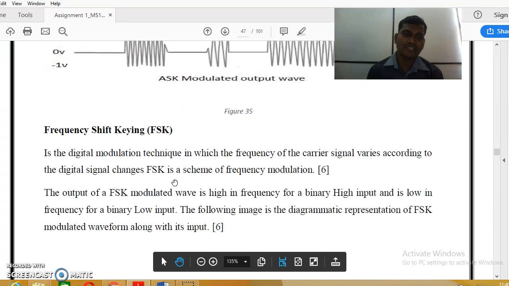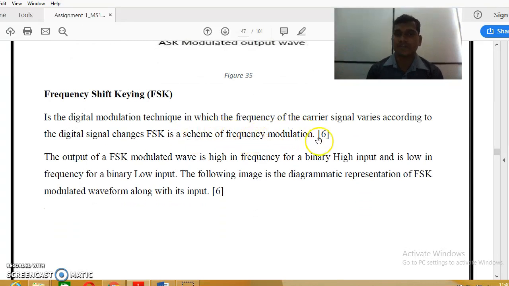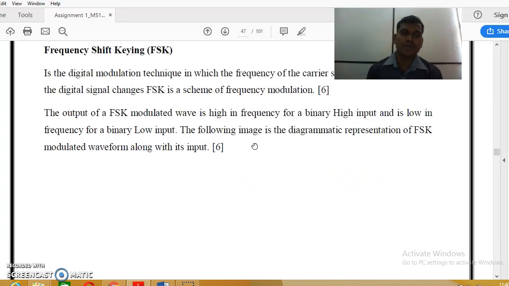Then frequency shift keying, FSK, is the digital modulation technique in which the frequency of the carrier signal varies according to the digital signal changes. FSK is a scheme of frequency modulation. The output of the FSK modulated wave is high in frequency for binary high input and is low in frequency for binary low input.